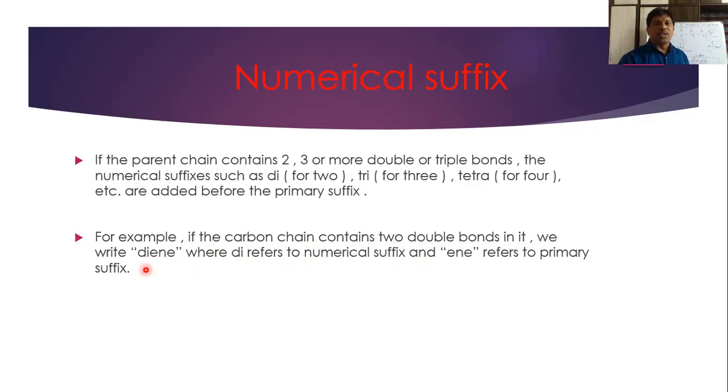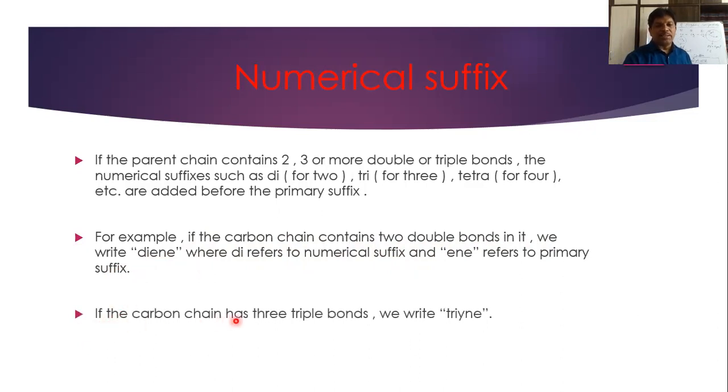If a double bond or triple bond is repeated 2 or more times, only in that case will the numerical suffix come into play. If the carbon chain has 3 triple bonds, we write triyne. Tri indicates the numerical suffix, 3 times repetition, and yne represents the presence of a triple bond. The triple bond is repeated 3 times in the given carbon chain. That's why it is called triyne.